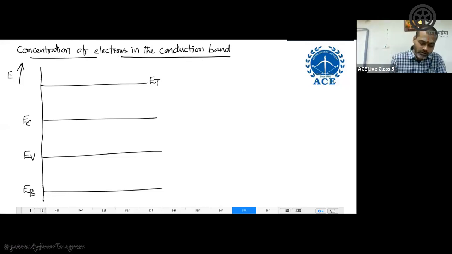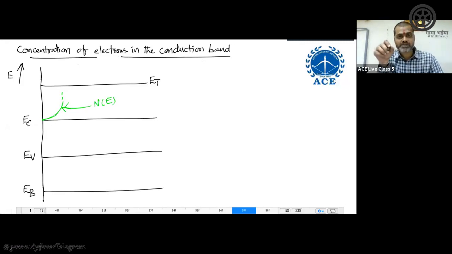Now let us take this. What is this? This is going to be N of E, the distribution of allowed states. Hope I am clear. Then what is the next information we need to represent here?